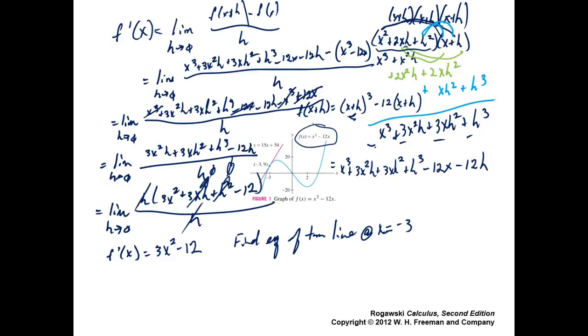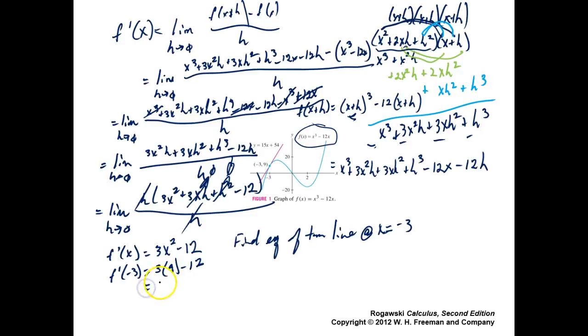Okay? Yeah, first thing we're going to do is f prime at -3. And what would that be? Three times, again, we're just plugging in what's inside the parentheses. What's -3 squared? 9 minus 12.